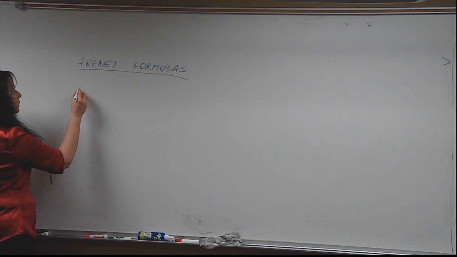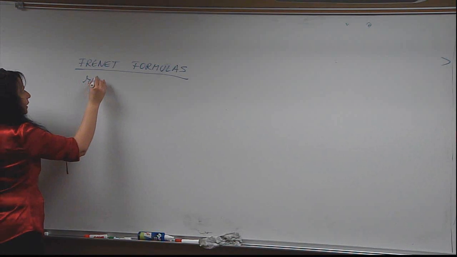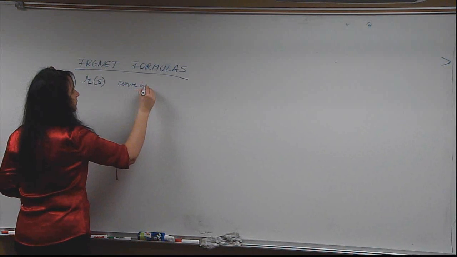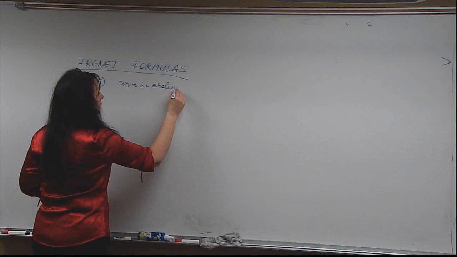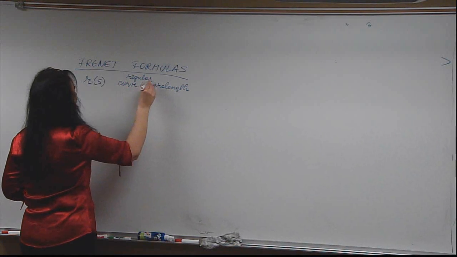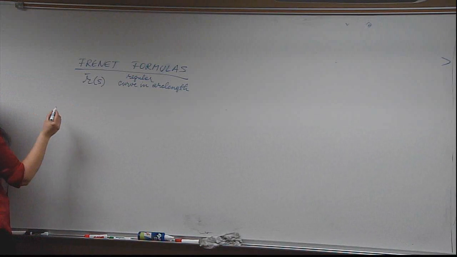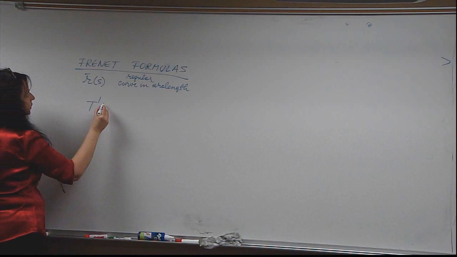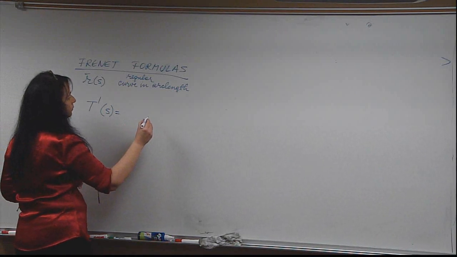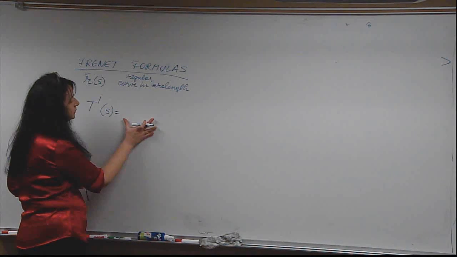equations here. So do you remember that if I introduced r of s as a curve in arc length that is a regular curve, I said there is a certain famous formula that is T prime of s, leave a little bit of space.